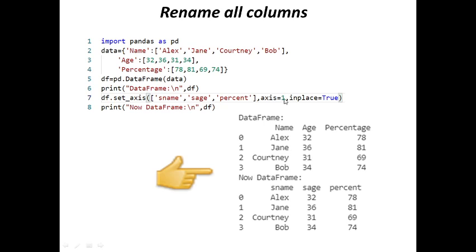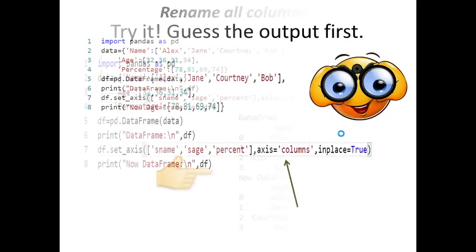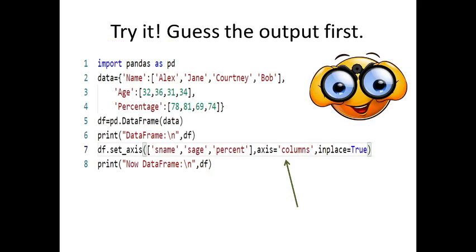So both 1 and columns refer to the columns, right? Now you can guess the output of this code segment. In this code segment, we have written axis equals columns. So this is similar to the previous one. This will give you the same output.